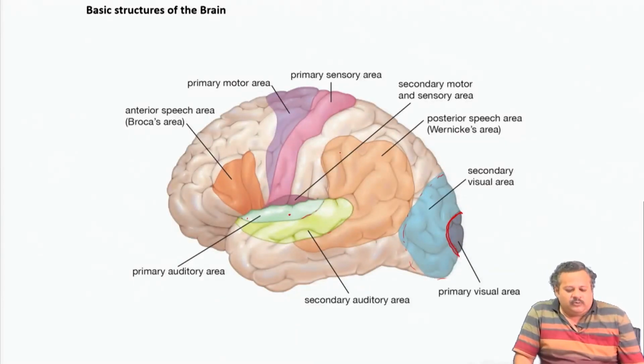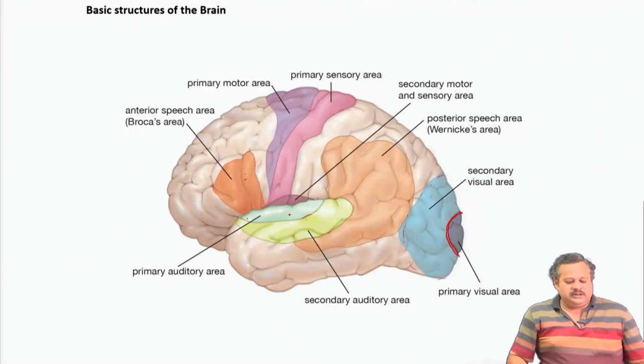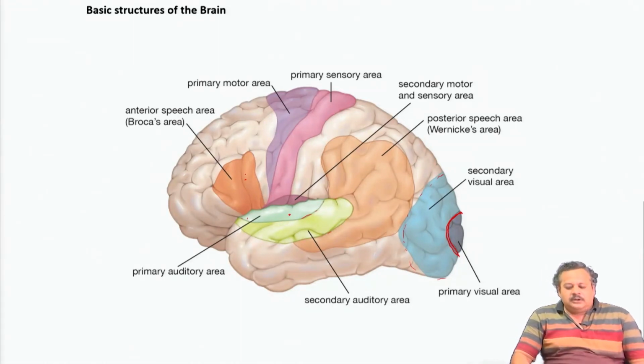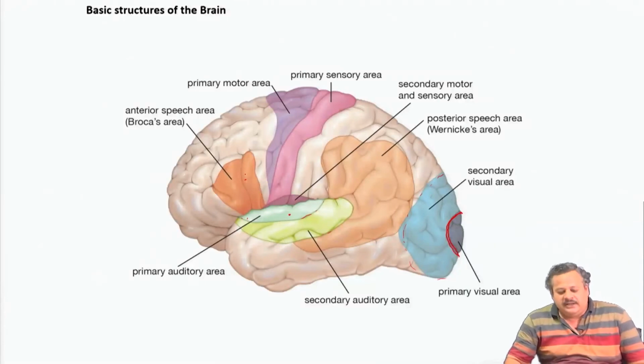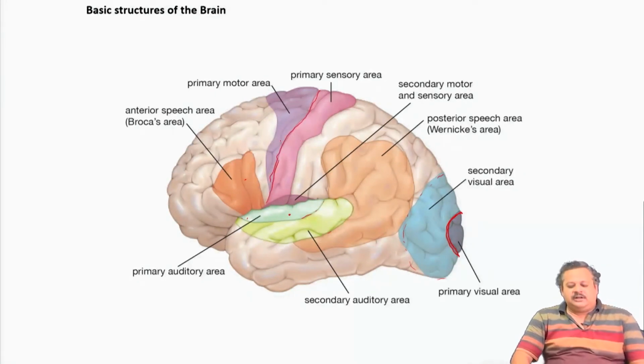And Broca's area, in the anterior region in the frontal lobe, is the anterior region for generation of speech.